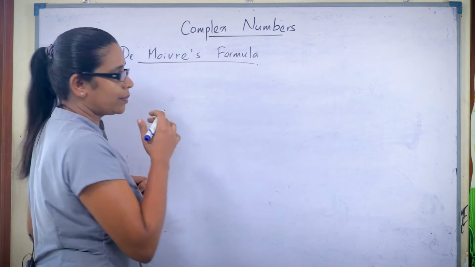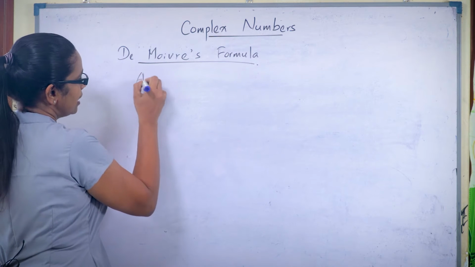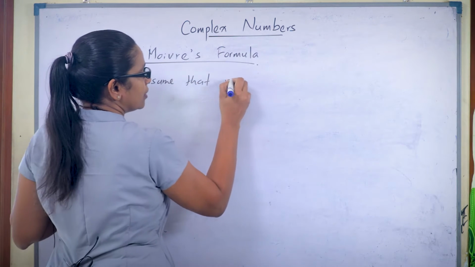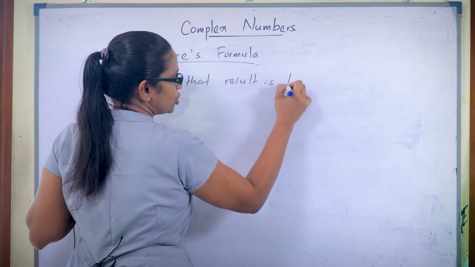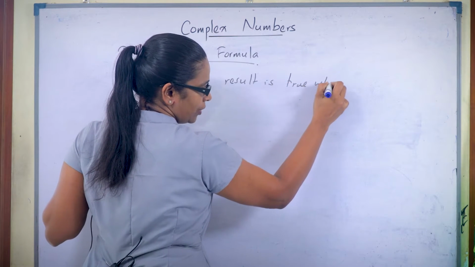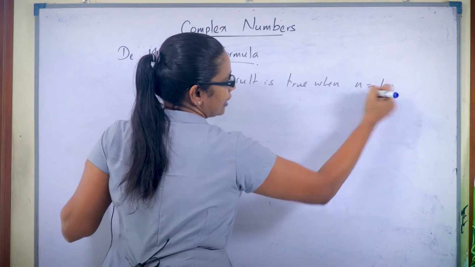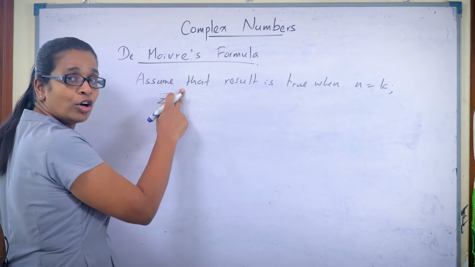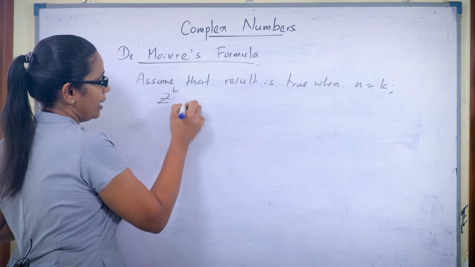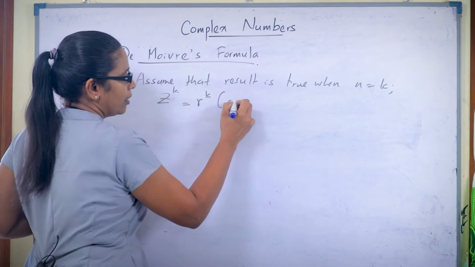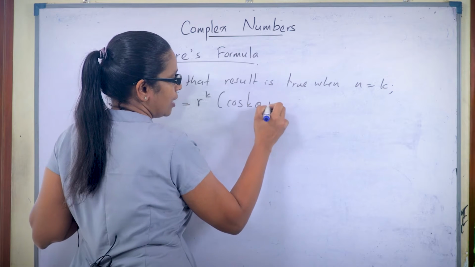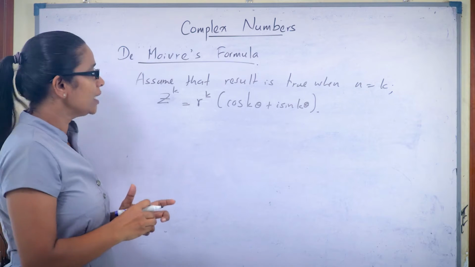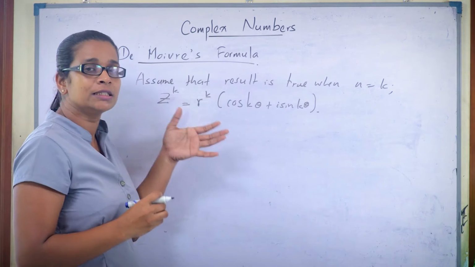The second step of mathematical induction: assume that the result is true when n equals k. So I can write z^k, now instead of n I am going to write k: r^k (cos k theta plus i sin k theta). This is the mathematical induction assumption.